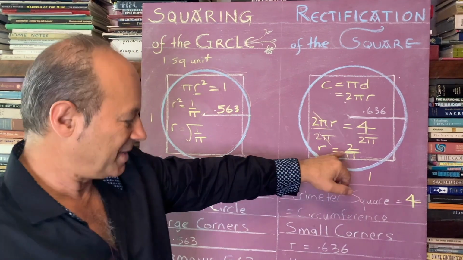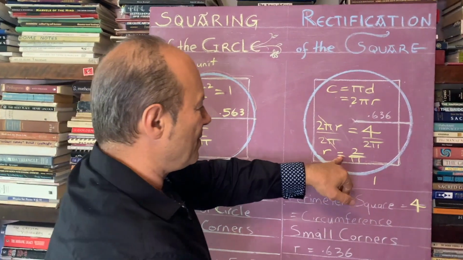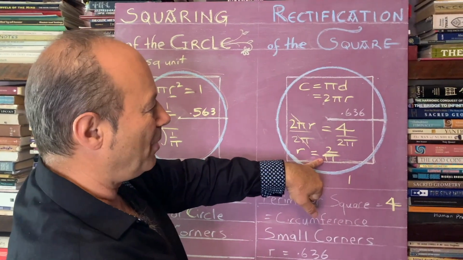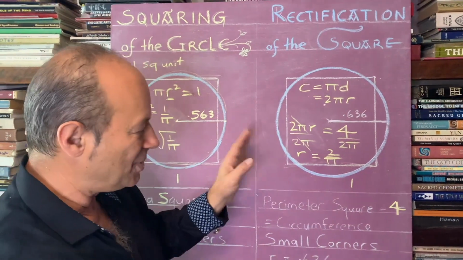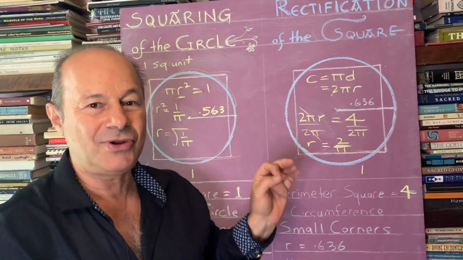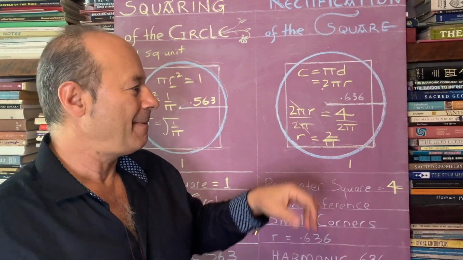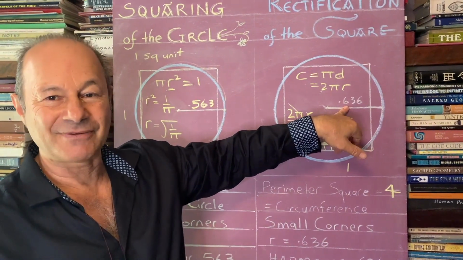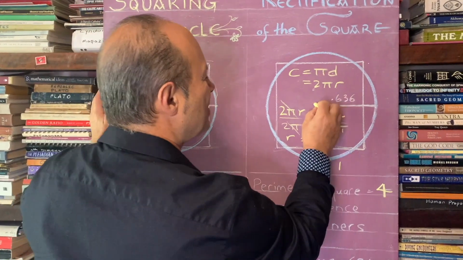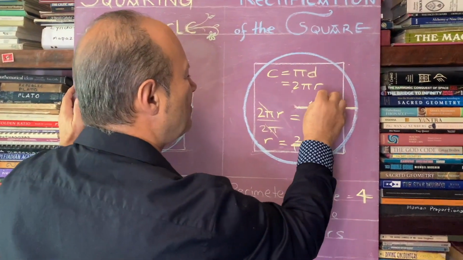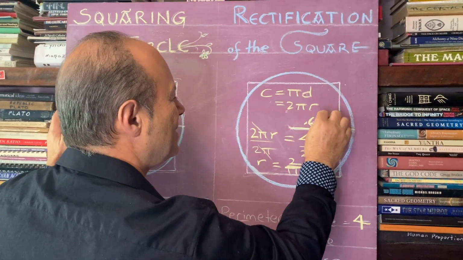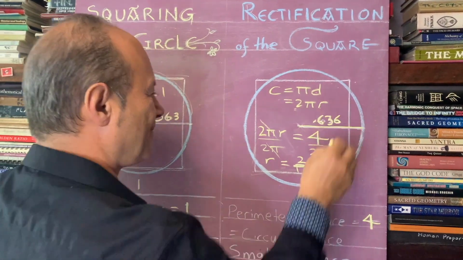So now if you get your calculator, 2 divided by 3.144. So we're using the true value of pi here, because if you use traditional pi, deficient pi, archaic pi, you're not going to get the harmonics of the golden ratio. So this radius distance here is called 0.636.